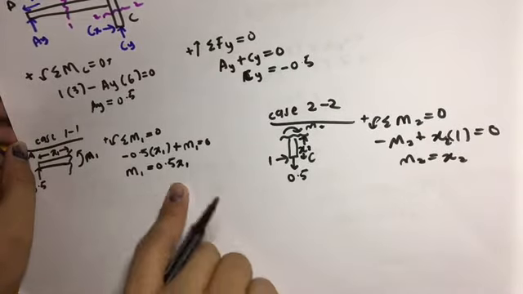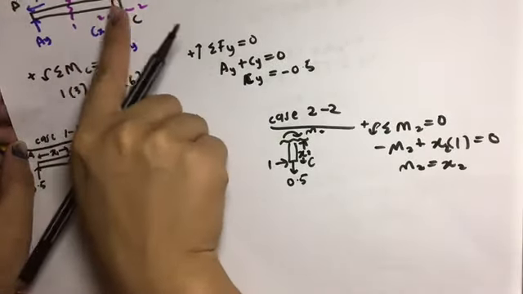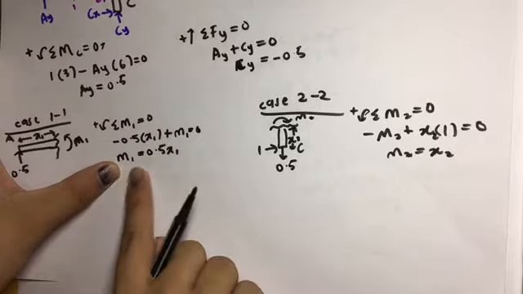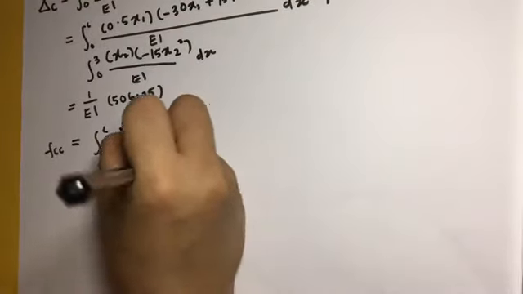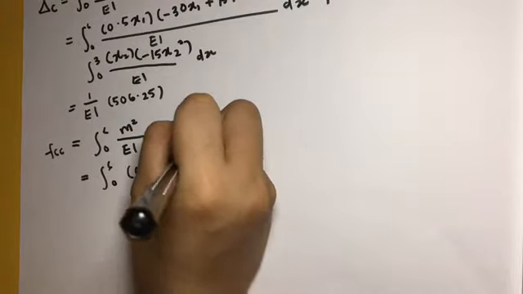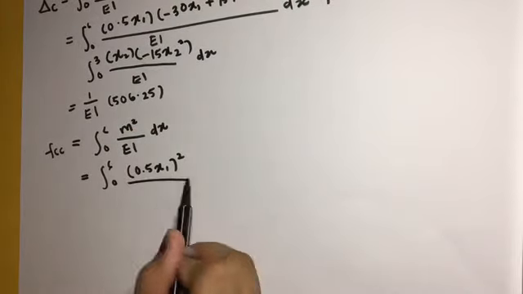Okay, so first we're gonna do for the case 1 on AB, which is 6 meters. So m1 is equal to 0.5 x1. So it's just 0.5 x1 squared.